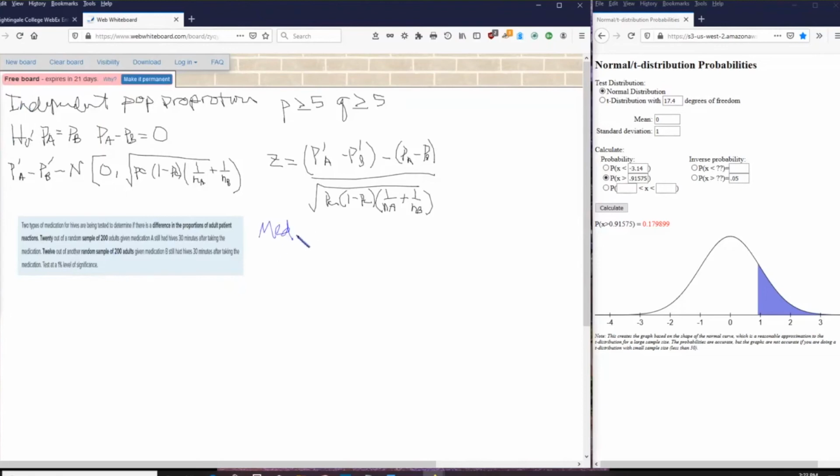That means we have medication A and medication B. The number of successes, our X for A is going to be 20. Our X of B is going to be 12. Our sample size for both of these is 200 each.